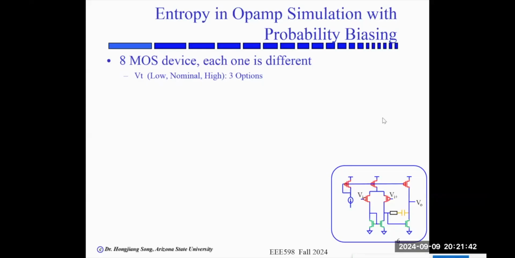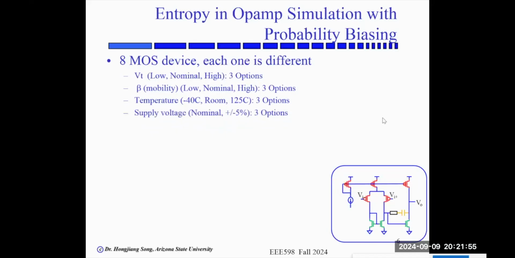This is 3 cases. And also the mobility, the beta, also has low, high, and nominal, 3 cases. And temperature is similar: low, high, and nominal, like room temperature. Supply: low, high, and nominal. If you do that, for the MOS devices themselves, this comes back to 3 times 3 times 3 to the power of 8 combinations if you simulate.